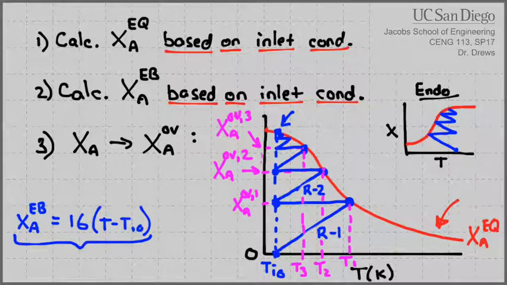Where do I get information on XAEQ? This is all coming from the problem statement. You would need to know what the theta values are for that inlet stream, what the heat capacities of stuff are, and what the enthalpy of reaction is that we're dealing with.